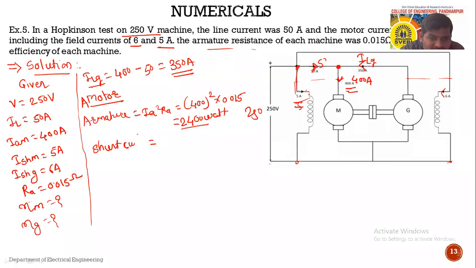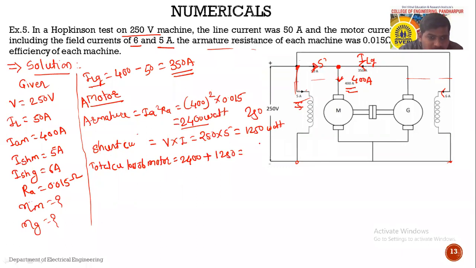Shunt field चा करंट आहे आपल्याकडे, shunt field चा रेजिस्टन्स नाहीये, so we are using voltage V into I. It is nothing but power loss, 250 into current 5. किती आलं आहे? 1250 वॅट. सो ब्रश कॉन्टॅक्ट ड्रॉप दिलेला आहे का? नाहीये. मोटरचे टोटल कॉपर लॉस सम ऑफ दिस टू 2400 प्लस 1250 किती येते? 3650 वॅट. ओके, हे झाले मोटर कॉपर लॉस.